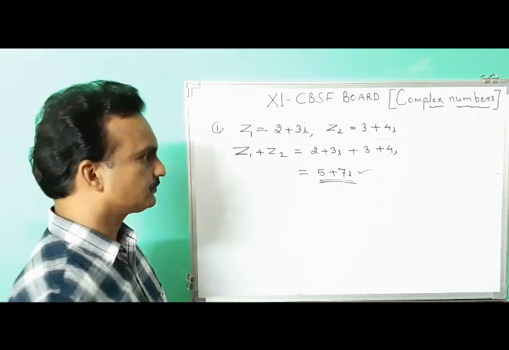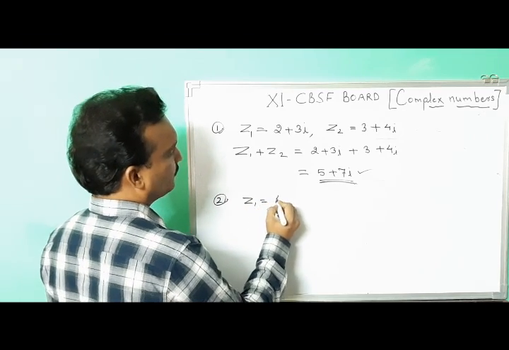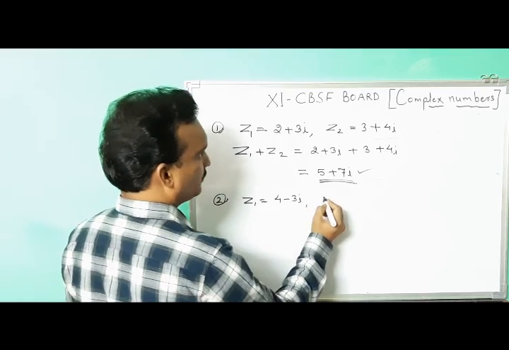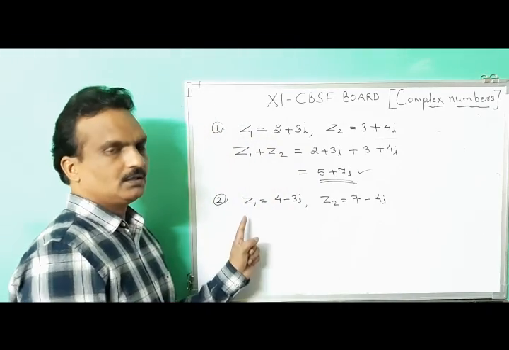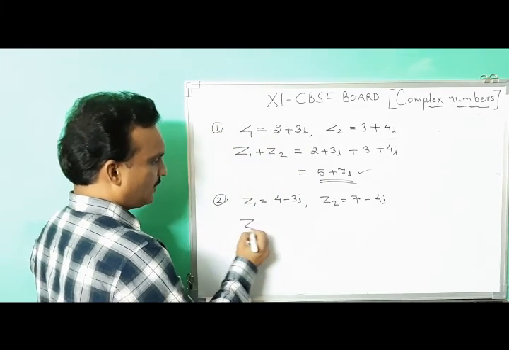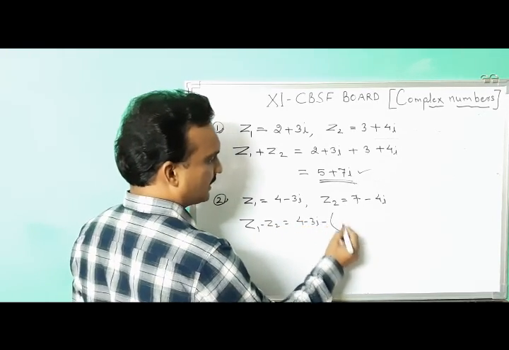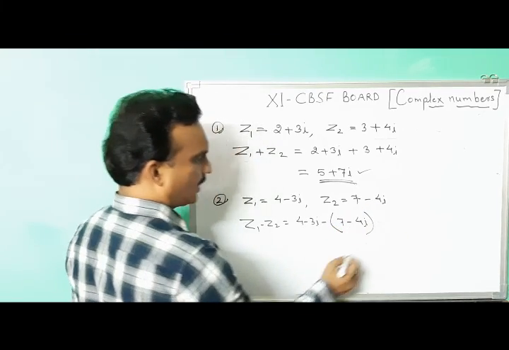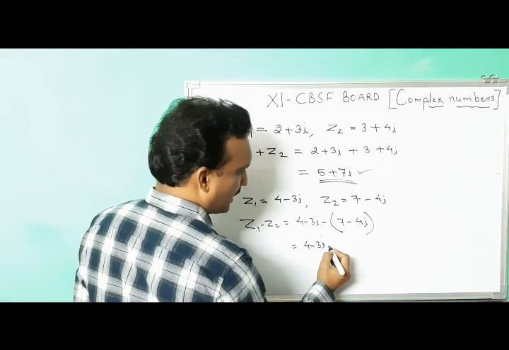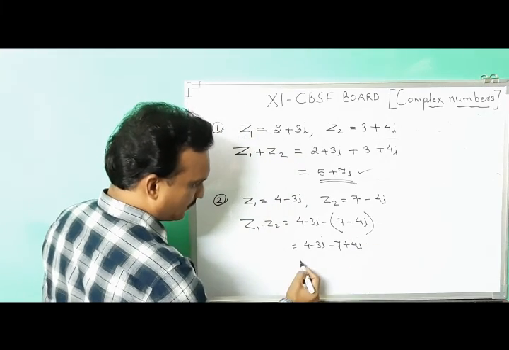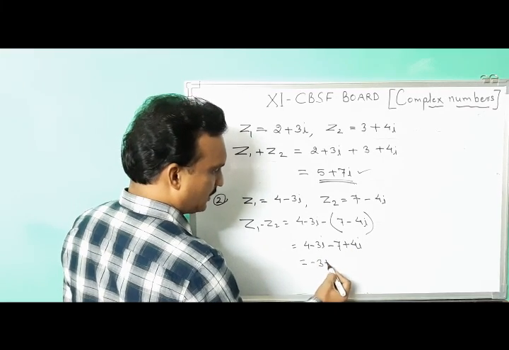Let us subtract. Suppose one number we have z1 is equal to 4 minus 3i, and another number is z2 is equal to 7 minus 4i. We have to subtract these two. So z1 minus z2 is equal to 4 minus 3i minus 7 minus 4i. z1 minus z2 equal to 4 minus 3i minus 7 plus 4i equal to 4 minus 7, minus 3i plus 4i will give you i.